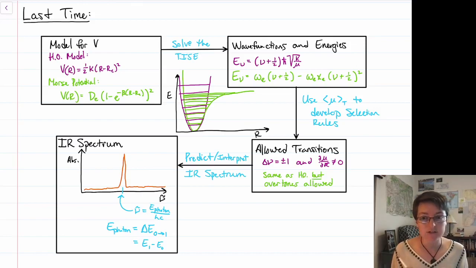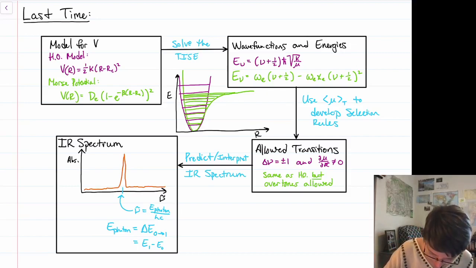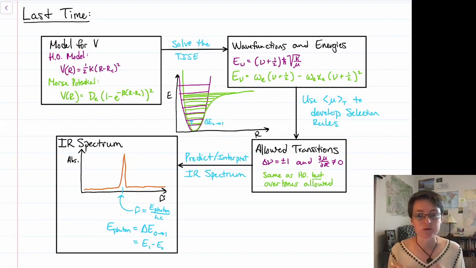And that energy of the photon is going to be exactly the same as whatever the gap is between my V equals 0 and my V equals 1 level for that fundamental transition. And so this is the connection then between my IR spectrum and all this quantum mechanical work that I did.